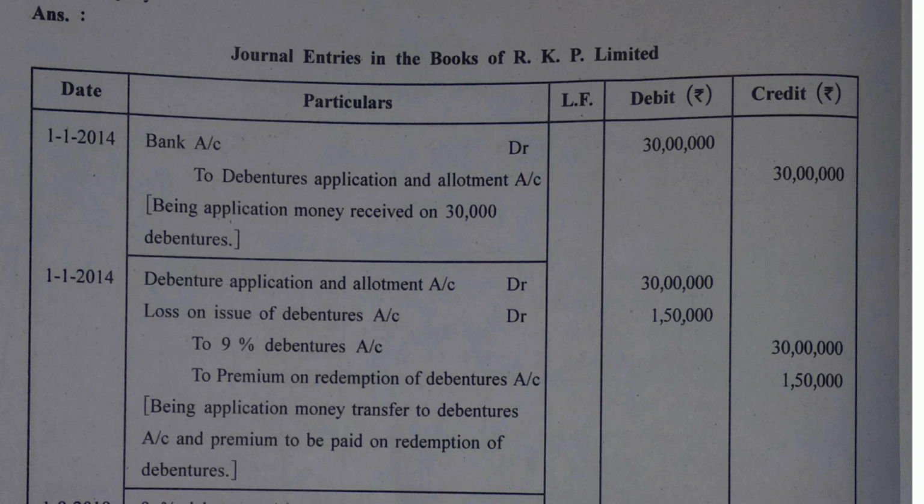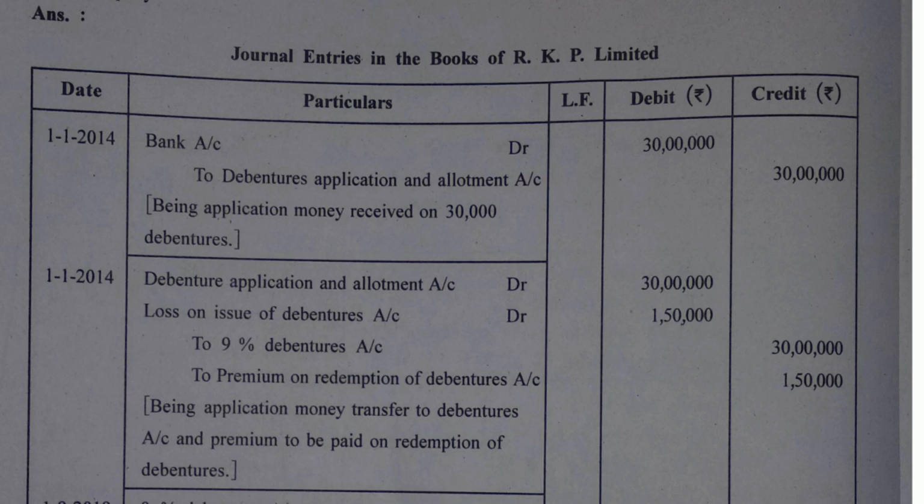Second journal entry is for transferring the amount of debenture application and allotment to debentures account. But an additional thing shown here is the amount of premium to be paid at the time of redemption. A sum of this kind we have already done in the previous lectures.